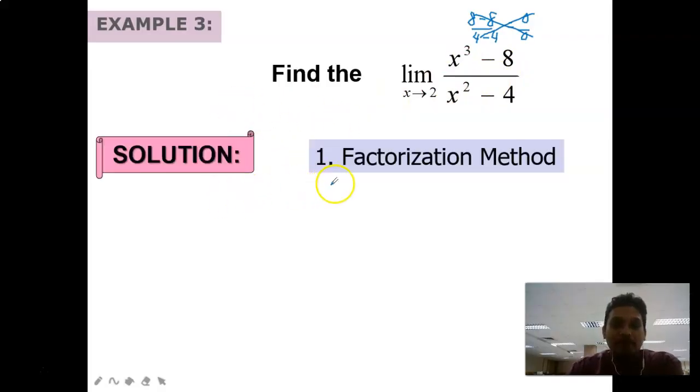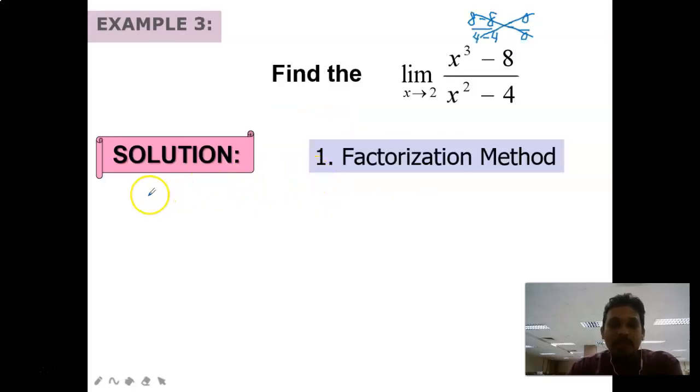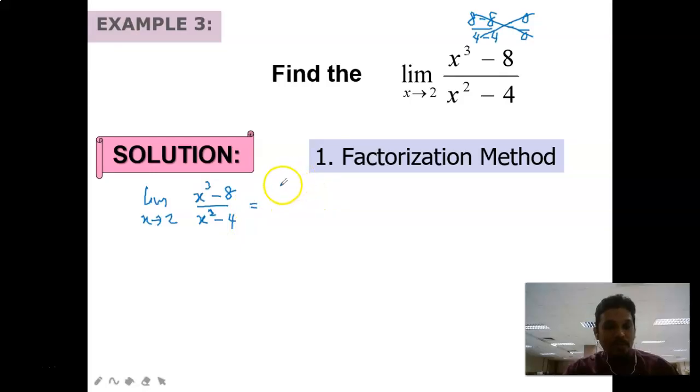So now, the factorization method, which is the limit as x approaches 2 of (x cubed minus 8) divided by (x squared minus 4). Okay, so for this question, we are going to come up with the limit as x approaches 2.